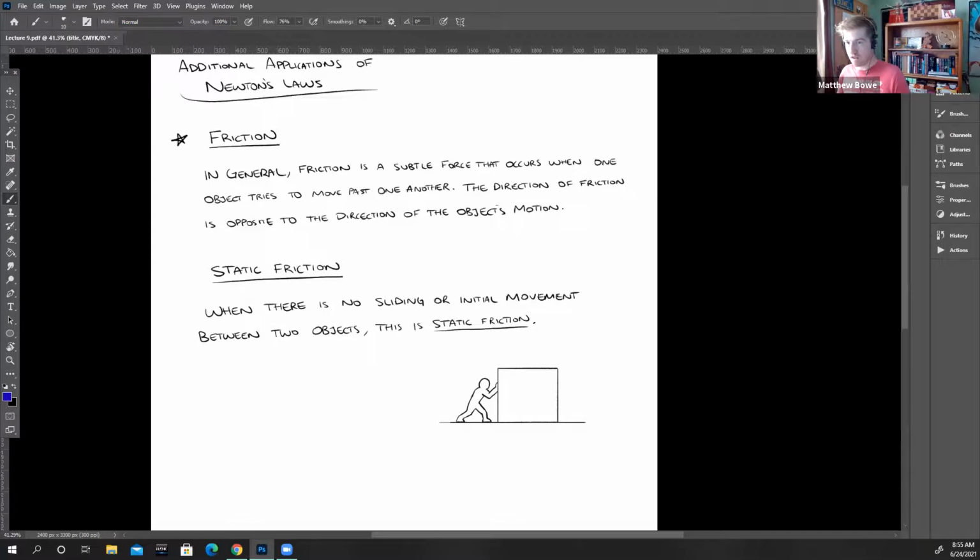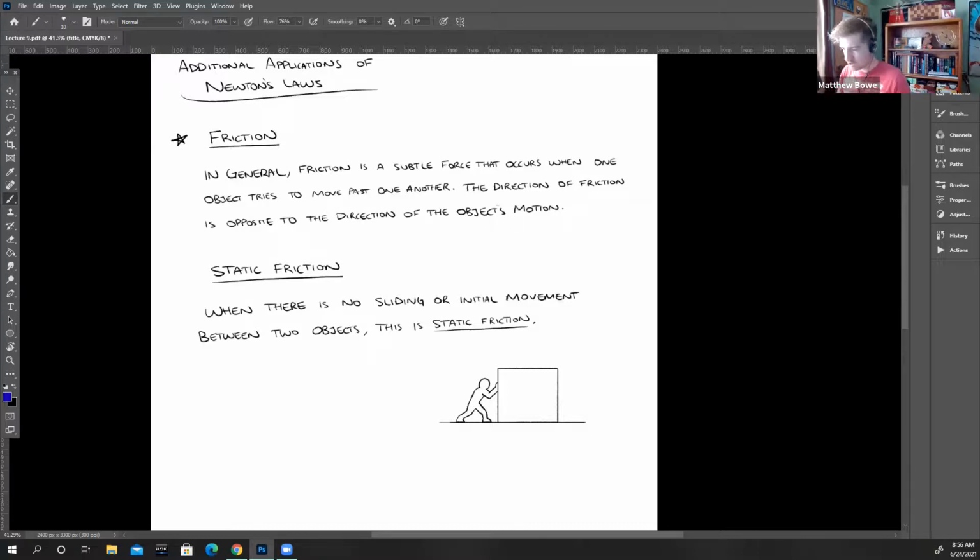Perhaps you have experienced this, and you could do this with something on your desk right now too. Try to push something that's still, and there's a moment where it breaks free. It takes a lot of force to get it started, and then once it's started, it's a lot easier to push. This is due to static friction.